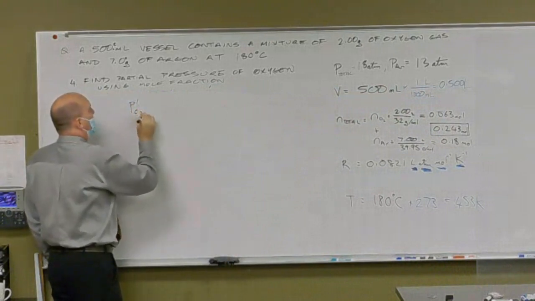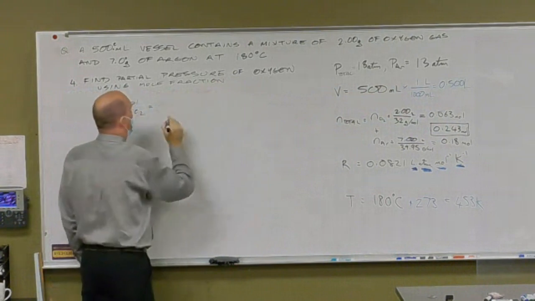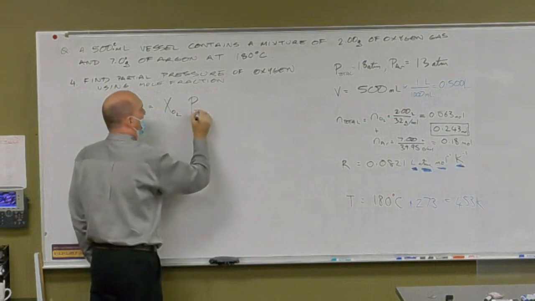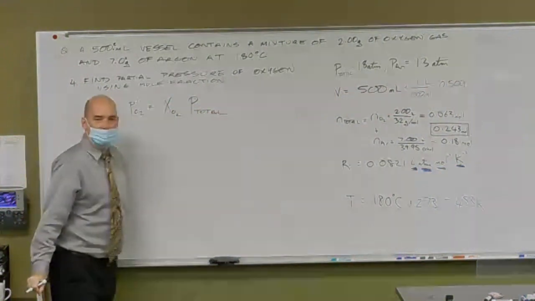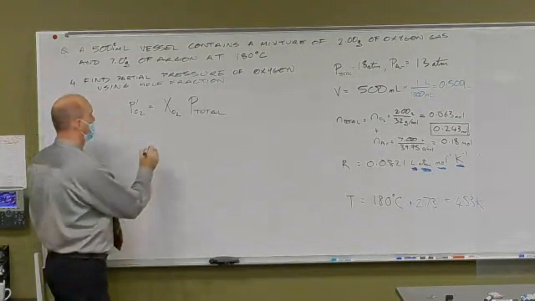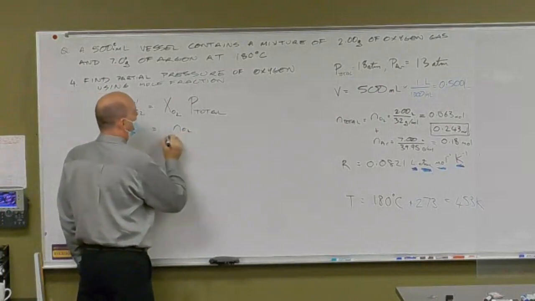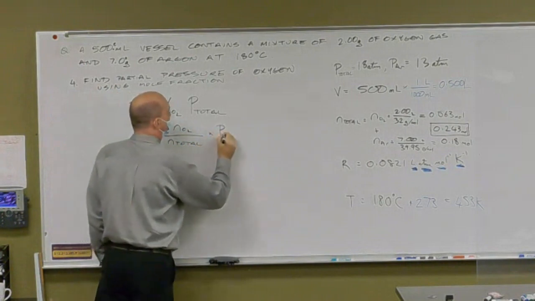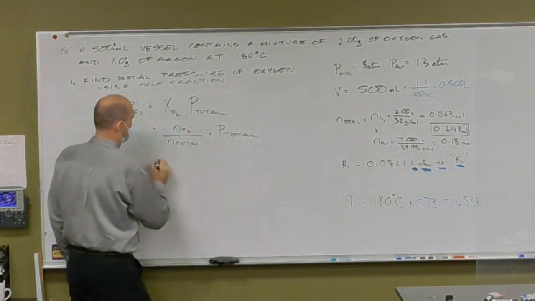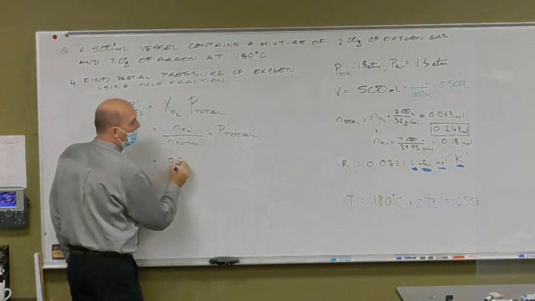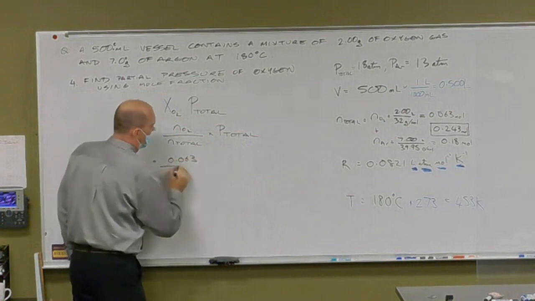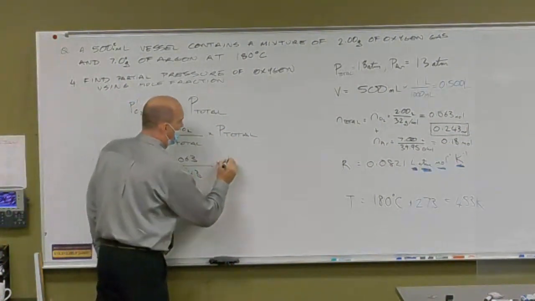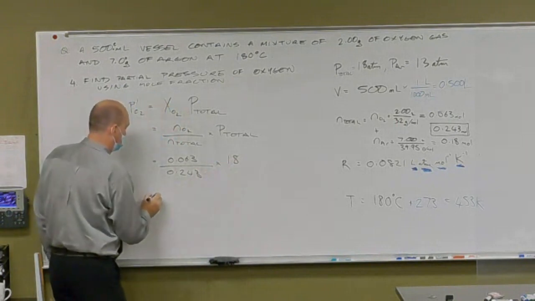So the equation says that the partial pressure of oxygen is the mole fraction of oxygen times the total pressure. This is the number of moles of oxygen over the total number of moles. So this gets to be 0.063 divided by 0.243 times 18.